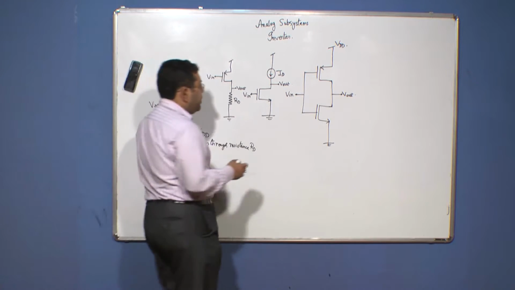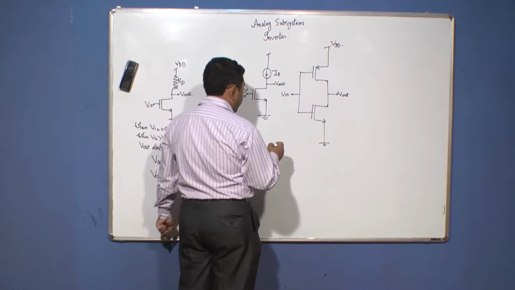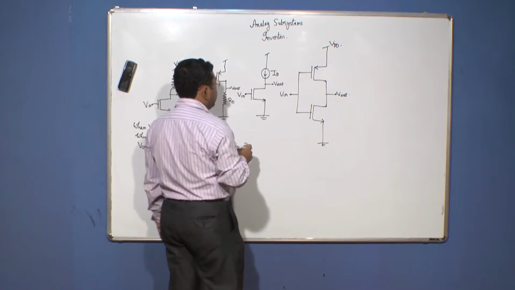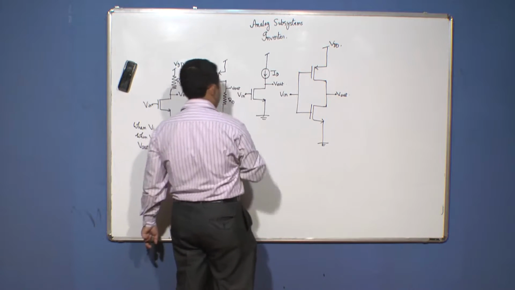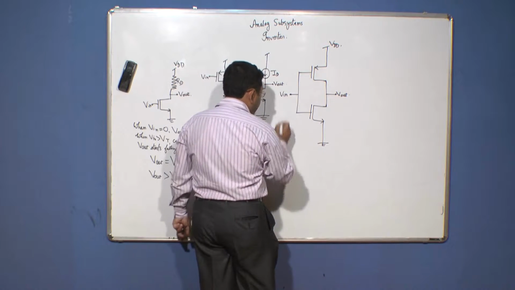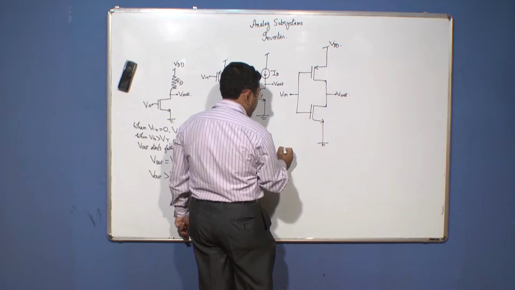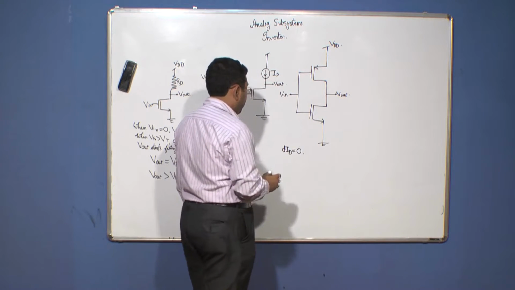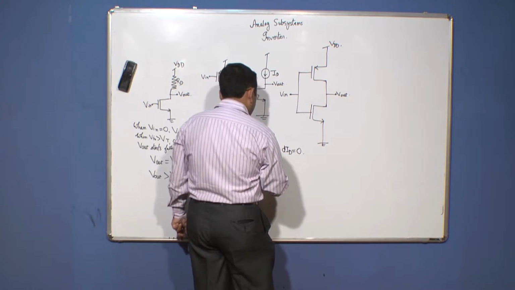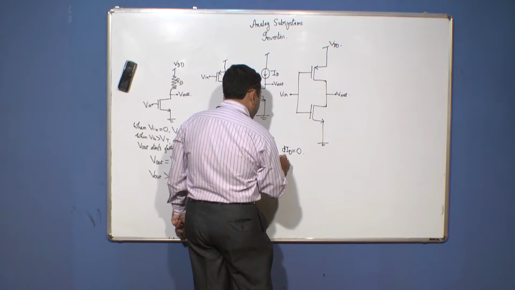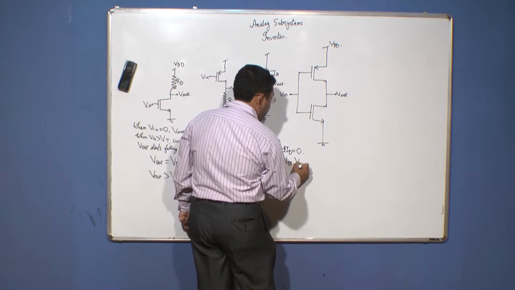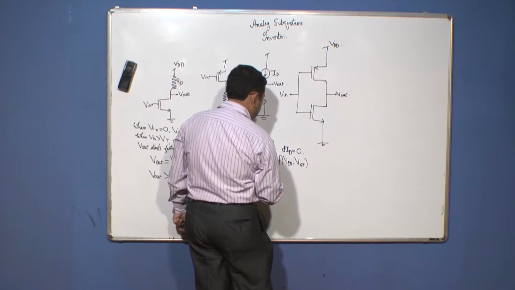Now, this inverter I should discuss separately, because this is very important, because we are using a constant current source as load instead of this passive resistance. So, since this is a constant current source, we can write dID equal to 0. Now, ID is a function of VDS and VGS.